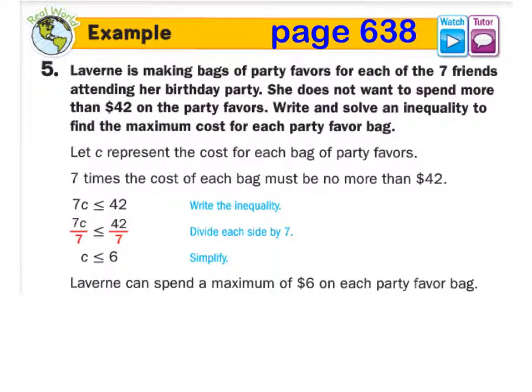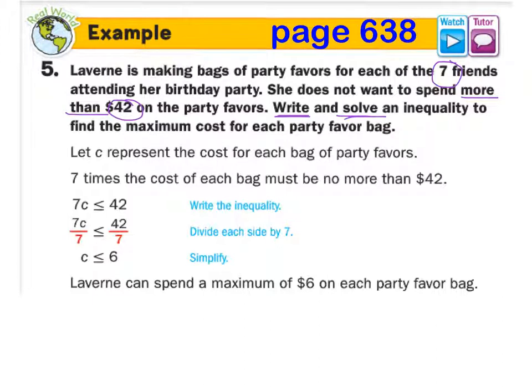So of course we have one more with a story problem. Laverne is making bags of party favors for each of her 7 friends attending her birthday party. She does not want to spend more than $42 on the party favors. Write and solve an inequality to find the maximum cost for each party favor bag.